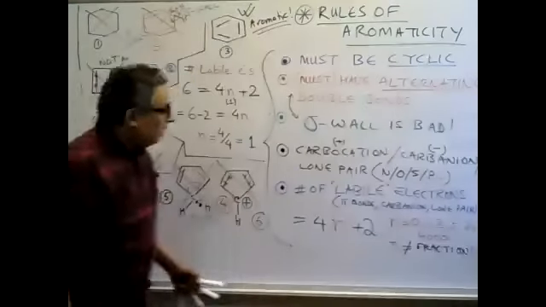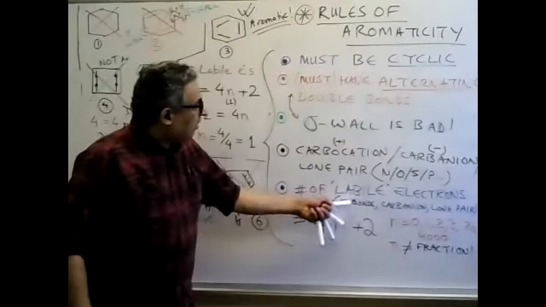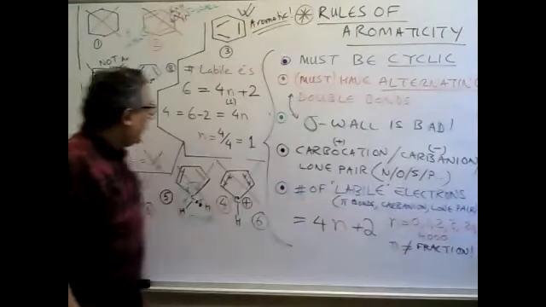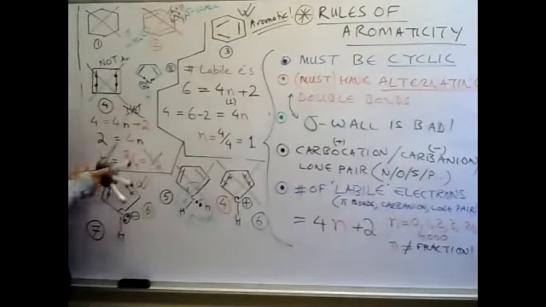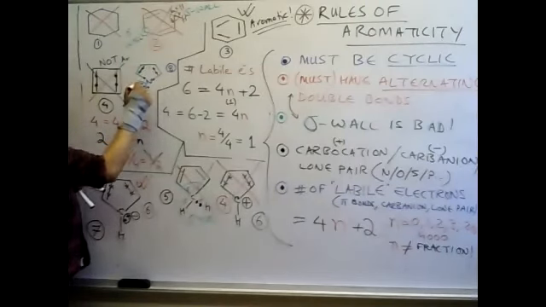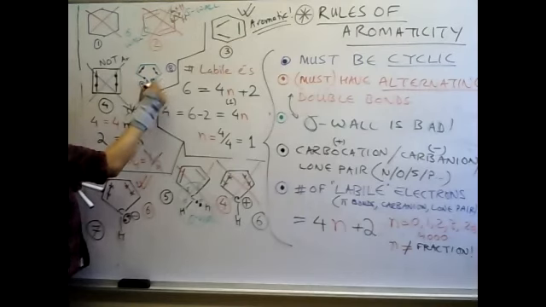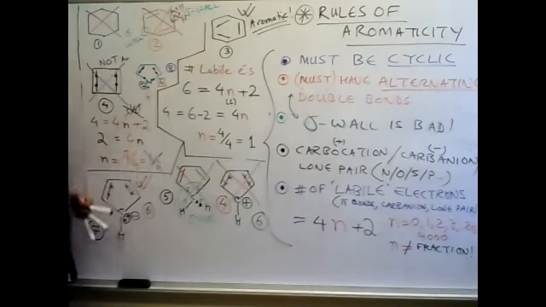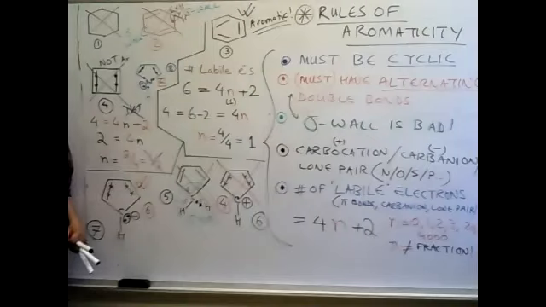It has something weird with a lone pair, okay? So how do you count the electrons? 1, 2, 3, 4, 5, and 6. Aromatic or not aromatic? What do you guys think? Aromatic. Yes.